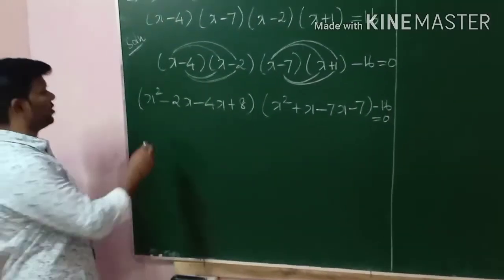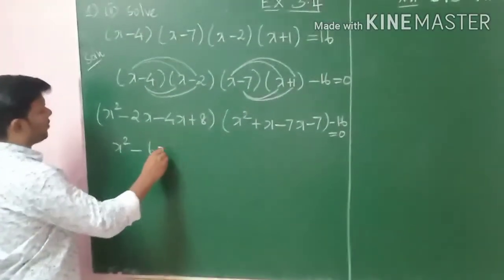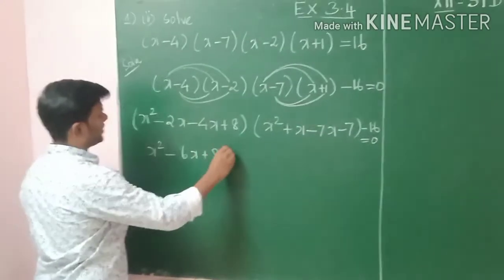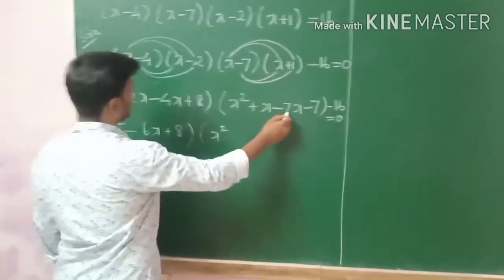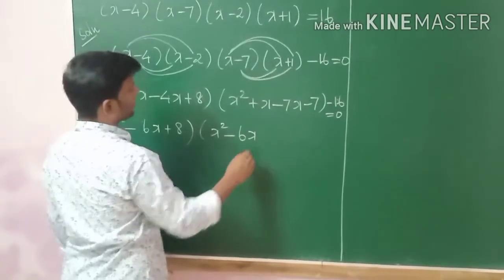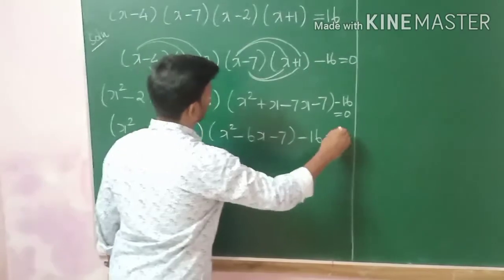So (x square minus 2x minus 4x plus 8)(x square plus x minus 7x minus 7) minus 16 equal to 0.